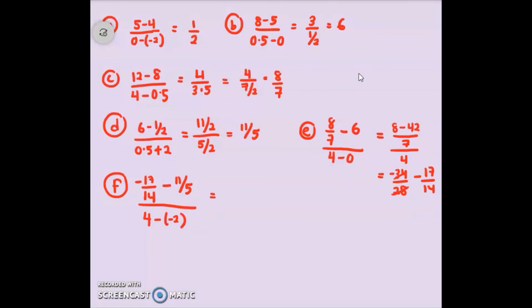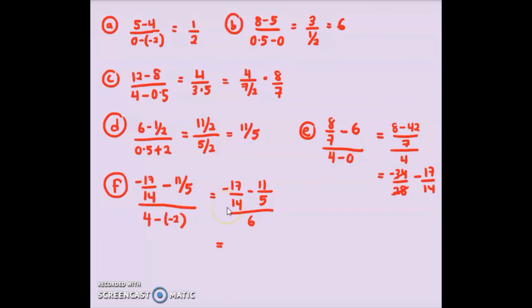Negative 17 over 14 minus 11 over 5, divided by 4 plus 2, which is 6. Okay, so we have to multiply by 5 and 14.